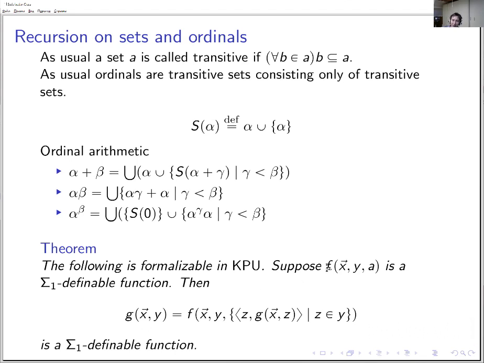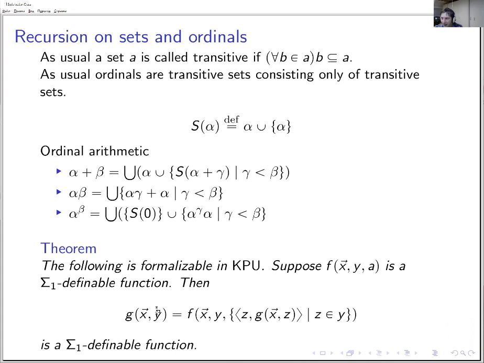So, given some function f with maybe a bunch of side parameters x, argument y and argument a, we define a function g, now without parameter a, by recursion. The value on a given y is f applied to the graph of g restricted to the set y.